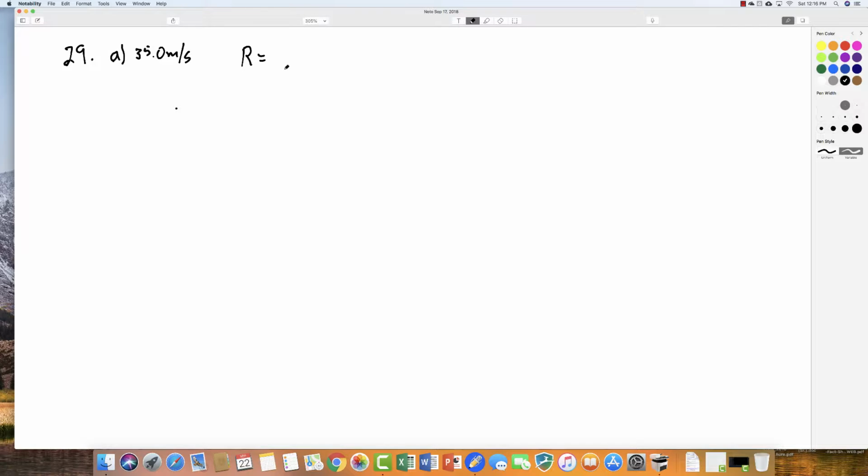And I would suggest, by the way, that you put this formula in your card of formulas that you're going to use. The range is equal to the initial velocity squared times the sine of 2 times the angle of release divided by g. Now, what we want to know is this angle right here.